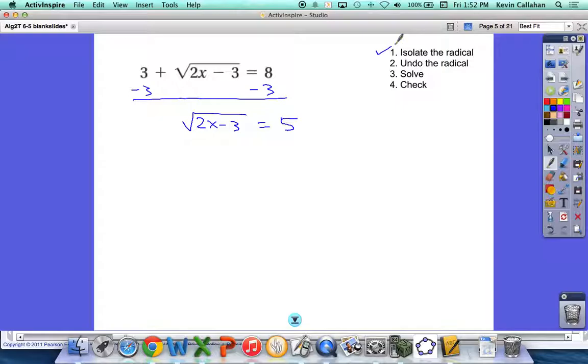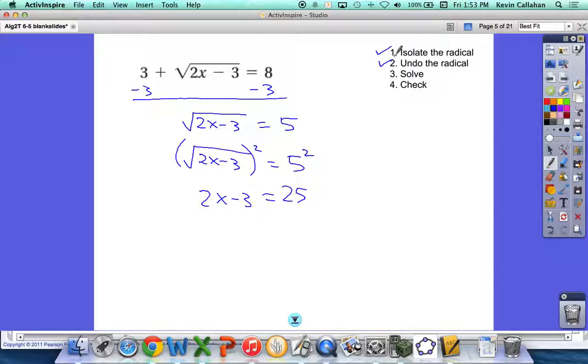Square both sides. Well, what do you get when you square a square root? You get what's inside, right? So 2x minus 3 equals 25. That was the step of undoing the square root.